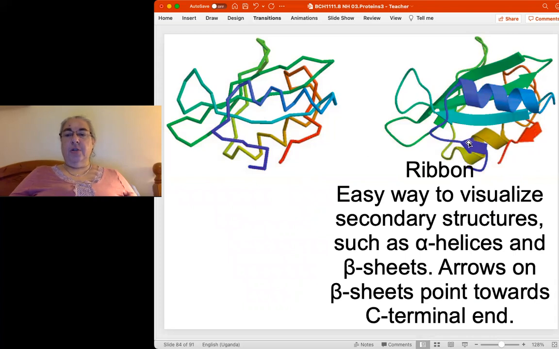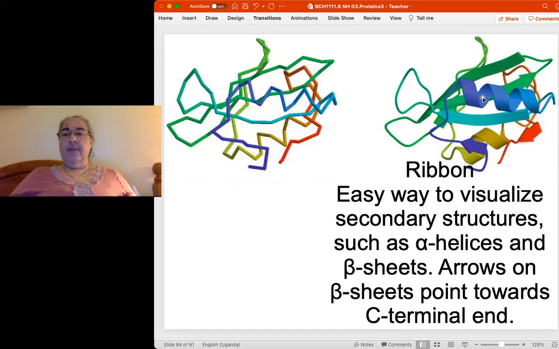This is what's called a ribbon diagram, and you can see that parts of it are the same as the backbone model. These are the parts which are not taking part in secondary structure. However, the secondary structure parts are shown as ribbons. Okay, this is why it's called a ribbon diagram.